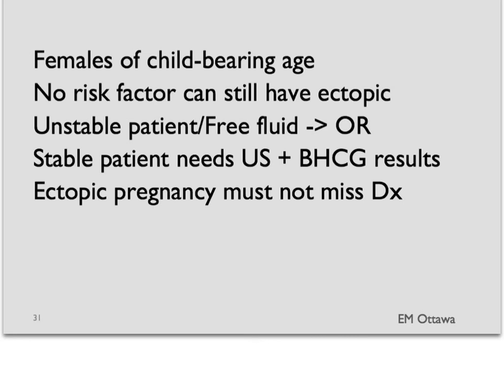For stable patients, the management is a combination of what shows up on the ultrasound in terms of whether there is an intrauterine pregnancy or not, and how high the beta HCG level is in the blood. An ectopic pregnancy, because of the potential devastating complications, is a must-not-miss diagnosis in the emergency department. We hope you enjoyed it. Thank you very much for watching.